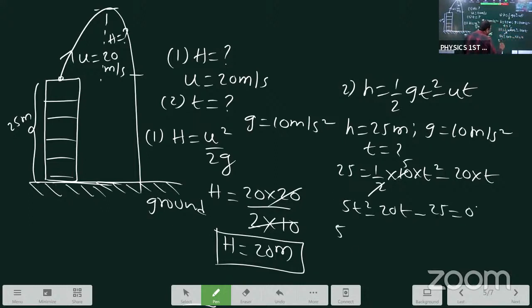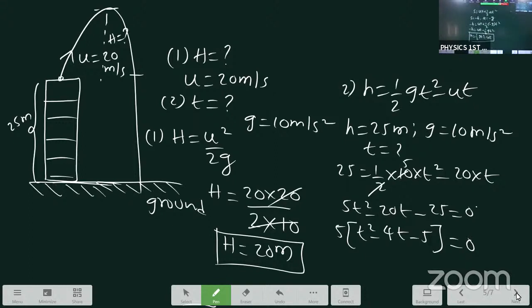So take 5 common: T square minus 4T minus 5 equals 0. This 5 coming to the right side is obviously 0. T square minus 4T minus 5.